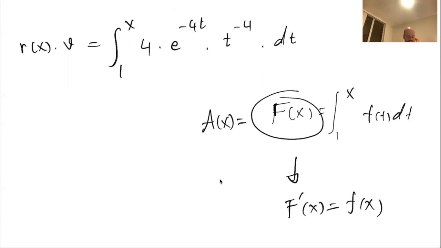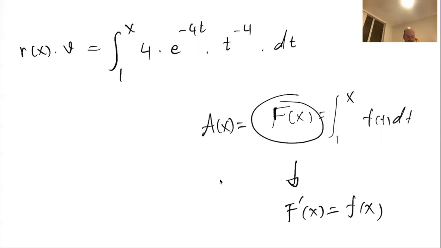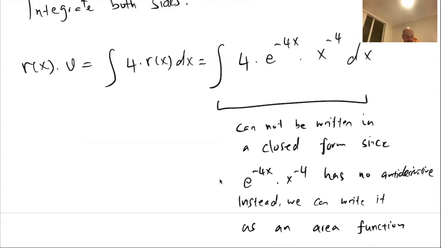In any case, this will be an antiderivative for your function, because as long as small f is continuous, capital F will be differentiable, and capital F prime is small f. So we are looking for an antiderivative for our function. We cannot write it in closed form because this function has no antiderivative, but the area function is always an antiderivative as long as small f is continuous.